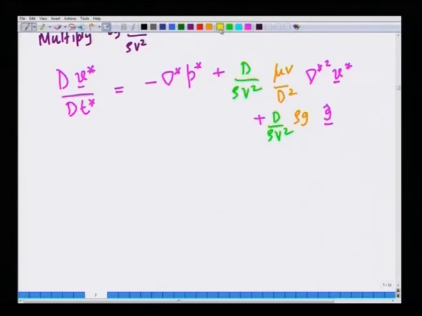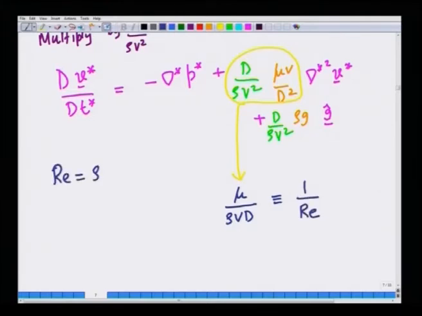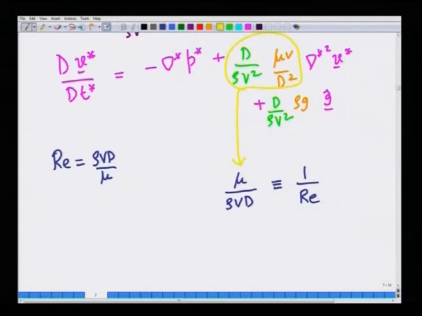If you consider this combination, okay, this is essentially mu by rho V D, which is 1 over Reynolds number, because Reynolds number, if you remember, we just defined as rho V D divided by mu. Okay. That is one non-dimensional group. Now, the other non-dimensional group comes from this part. Okay.